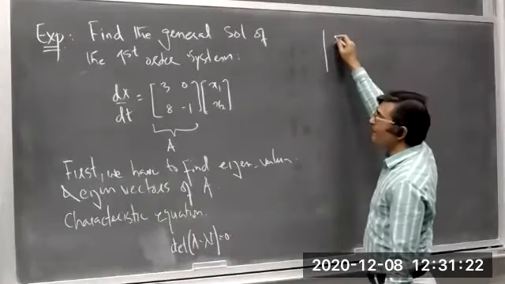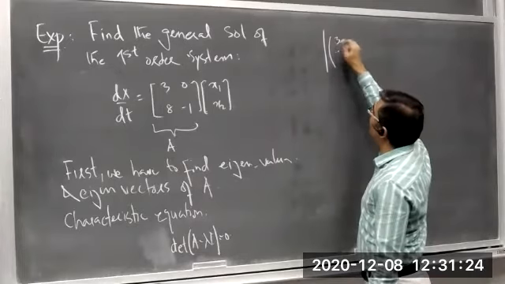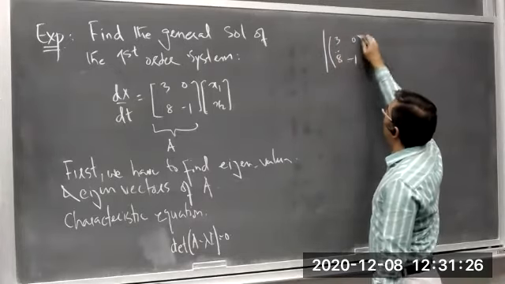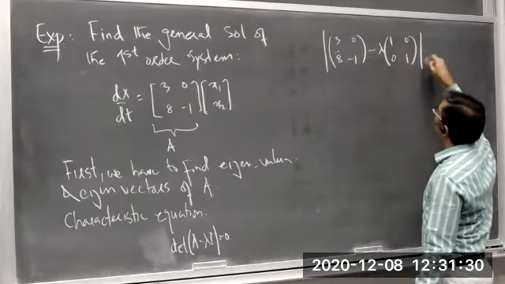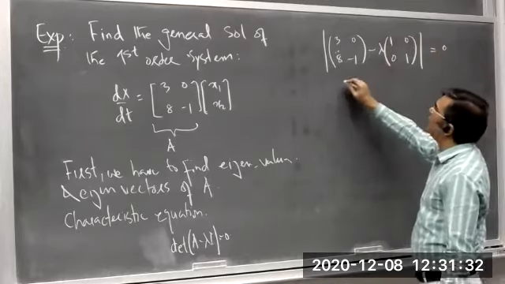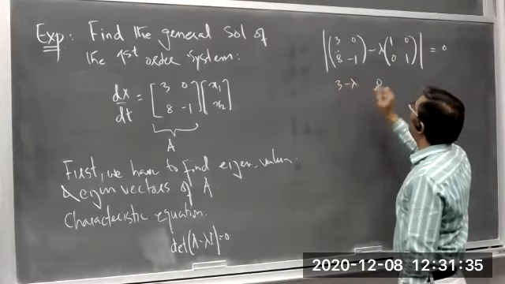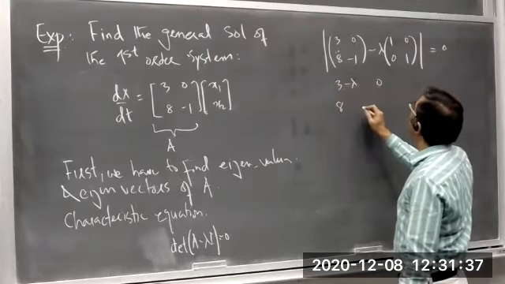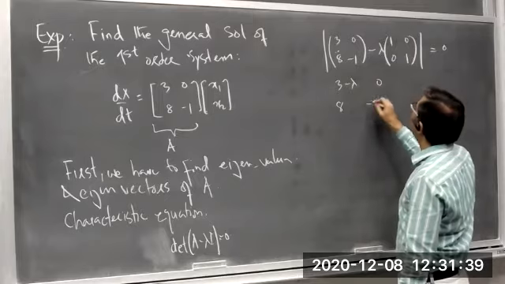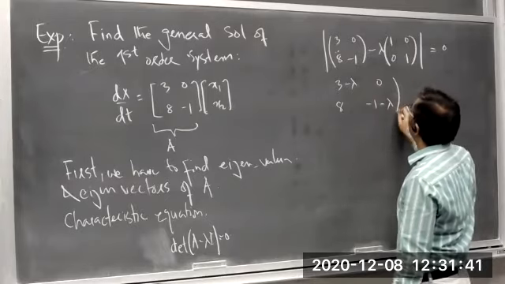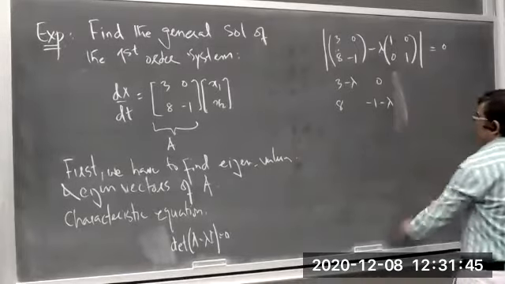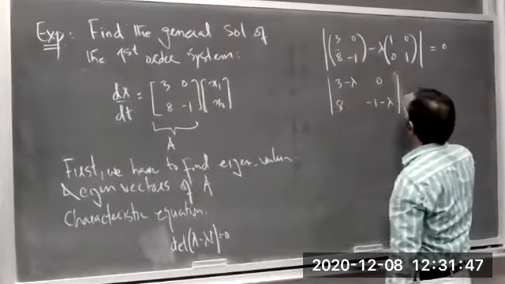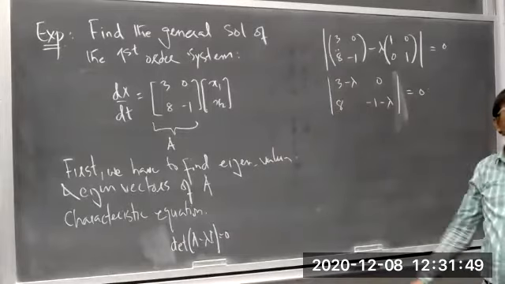Determinant of A, which is 3, 0, 8, minus 1, minus lambda times I, which is 1, 0, 0, 1, equal to 0. So it is the determinant of 3 minus lambda, 0, 8, and minus 1 minus lambda, equal to 0.